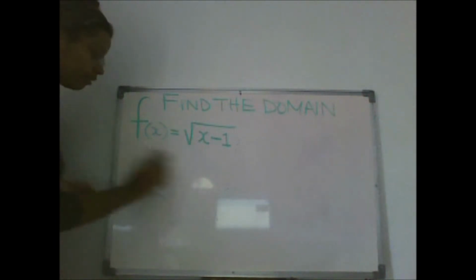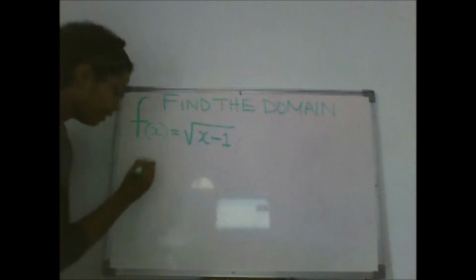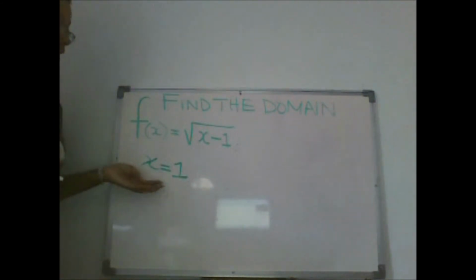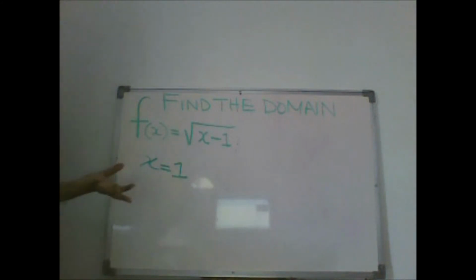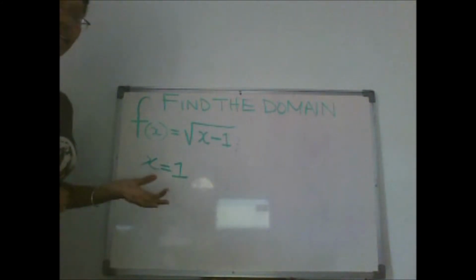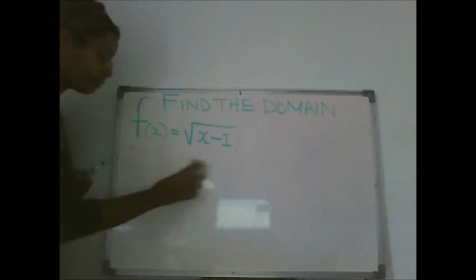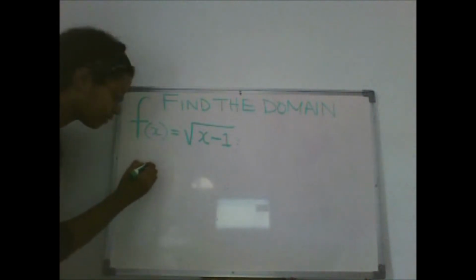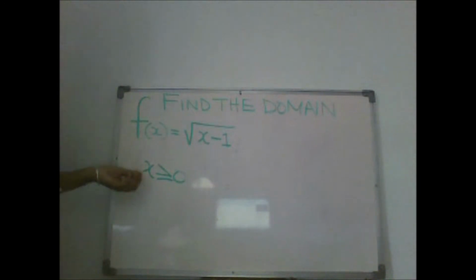So in order for us to satisfy this equation, let's try x is equal to 1. Now if we substitute x equal to 1 into this equation, we will get 0. And we can find the square root of 0. That won't cause the calculator to explode. So therefore, we can estimate that the domain for this equation in particular is x is greater than or equal to 1.